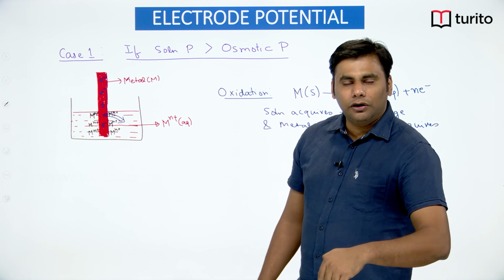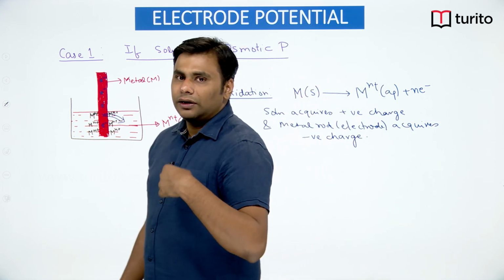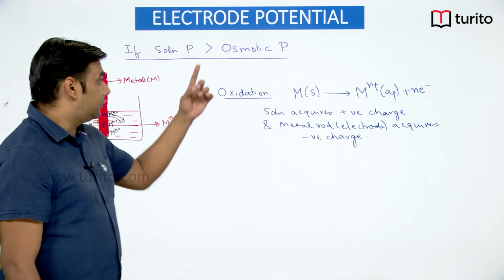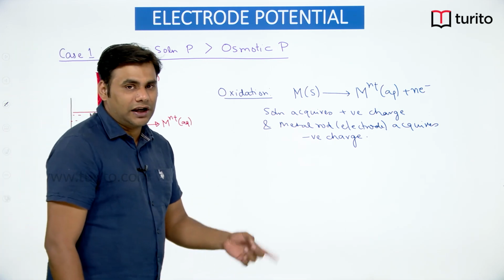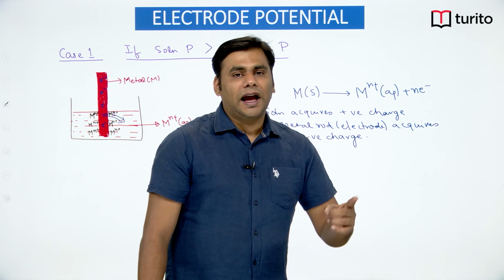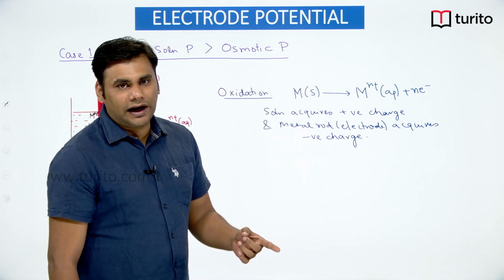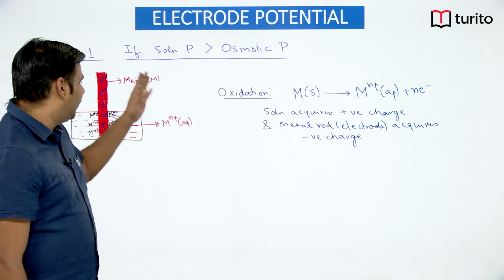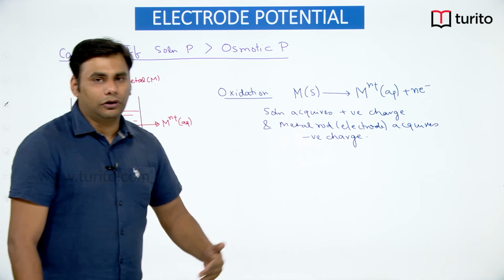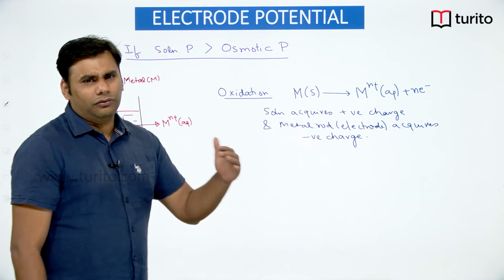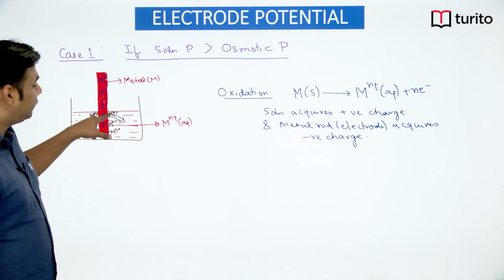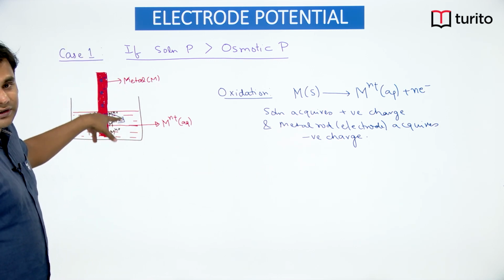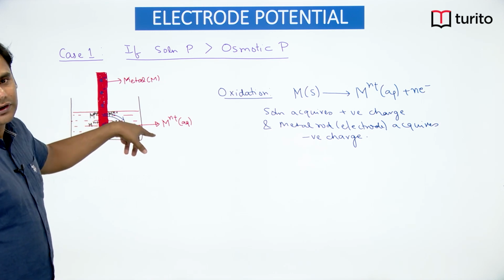So when you dip a metal rod in its aqueous solution, if the solution pressure is greater than osmotic pressure, the metal will have a tendency to get oxidized. The metal will get oxidized and pass into the solution as metal cation, and the electron would remain on the rod. Therefore the metal electrode would acquire negative charge and the solution will have a positive charge, so an electrical double layer is set up between the rod and the solution.